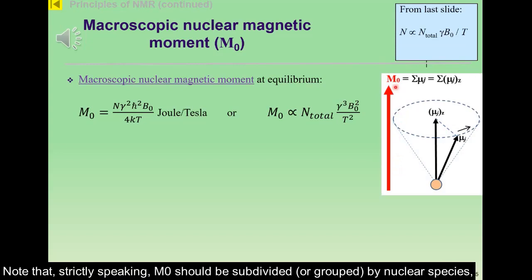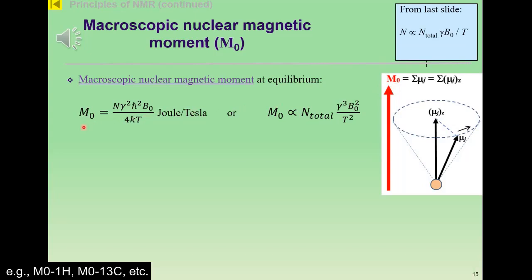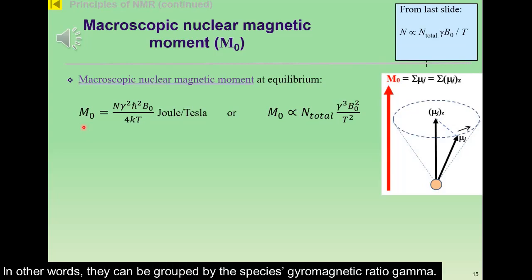Note that, strictly speaking, M0 should be subdivided or grouped by nuclear species, for example, M0 of 1H, M0 of 13C, etc. In other words, they can be grouped by the species' gyromagnetic ratio, gamma.